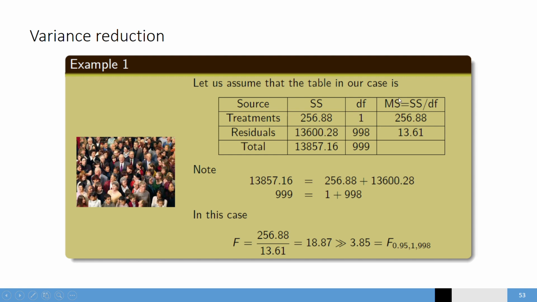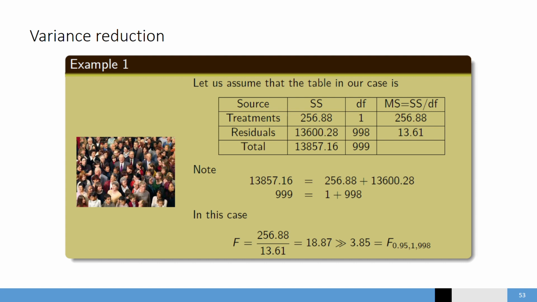This is called the mean squares. So the mean squares is the sum of squares divided by the number of degrees of freedom. With only 1 parameter, you are explaining 256. While in the residuals, you're explaining a lot, but you have also used a lot of parameters. So each one of these parameters explains 13.61.